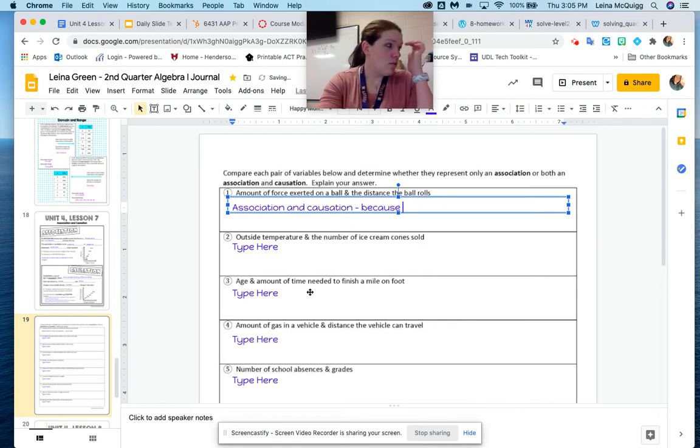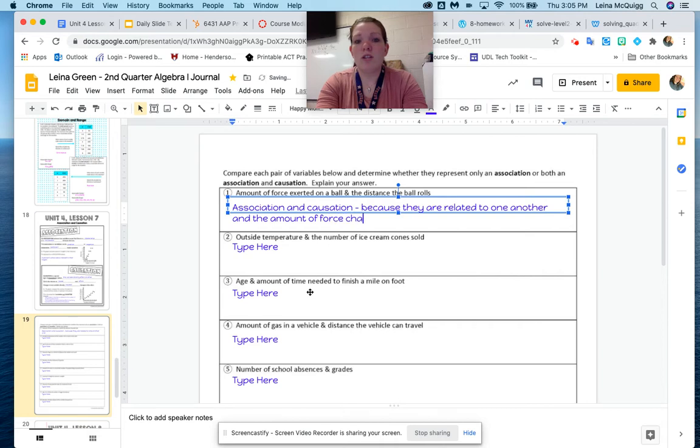Because they are related and the amount of force changes the distance. One has an effect on the other.